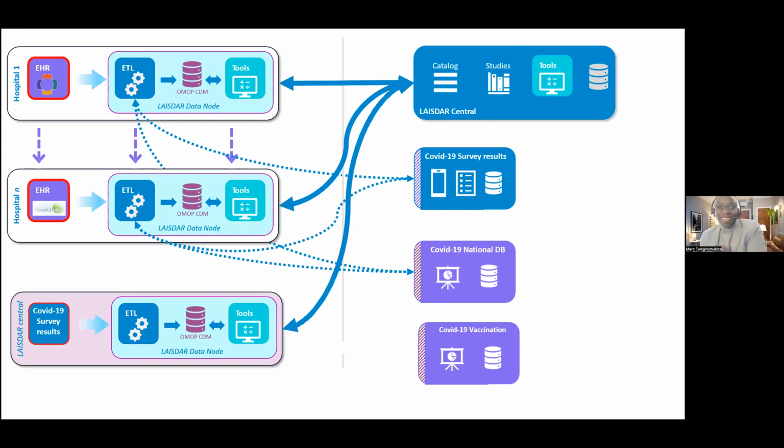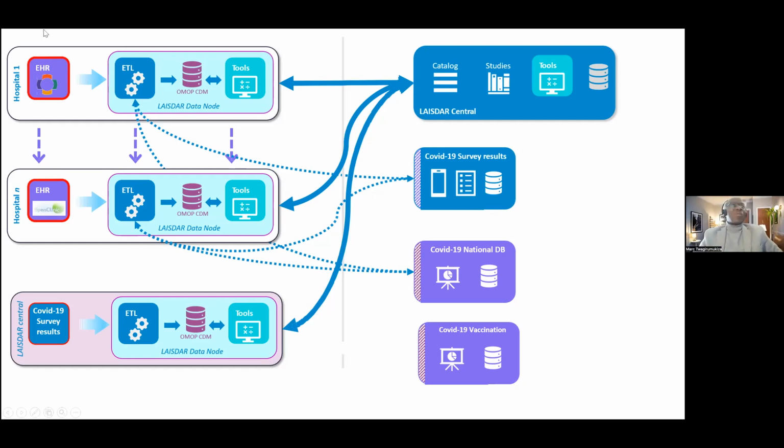At the central server, this is the most tricky part, because we needed to link those data. If someone has a COVID test, has a vaccination, and has been to one of the hospitals for a COVID consultation, we should be linking those data for that one person. This is what you see here.